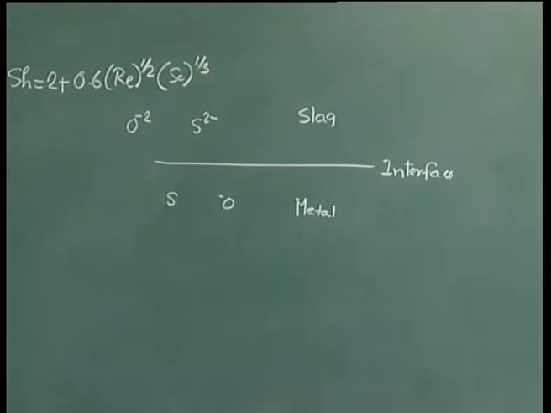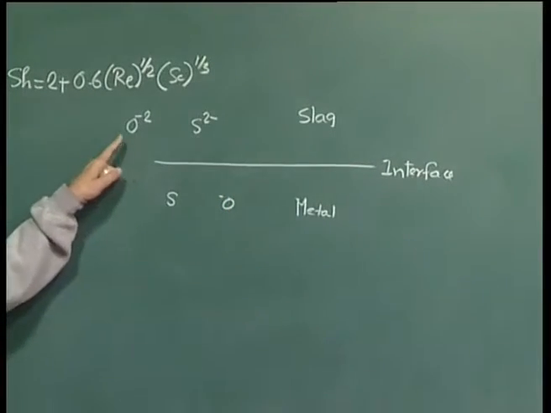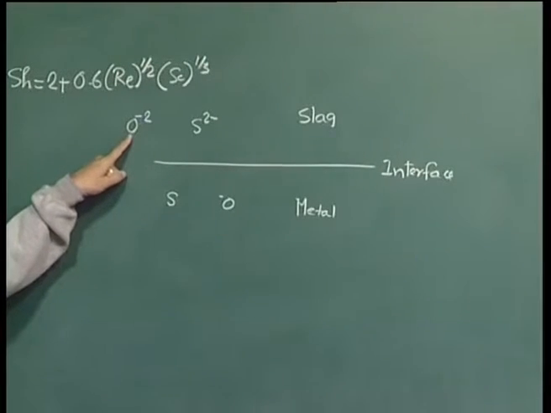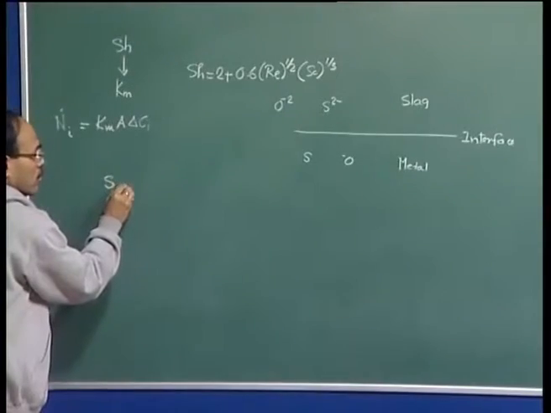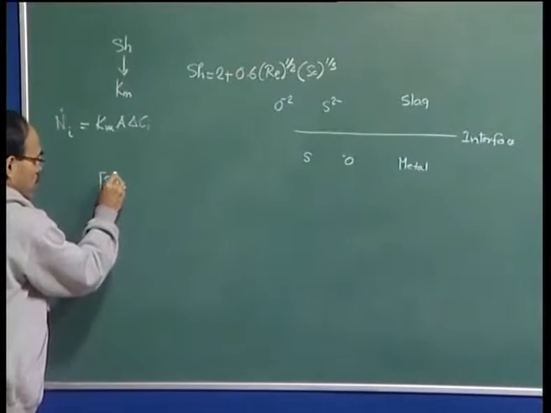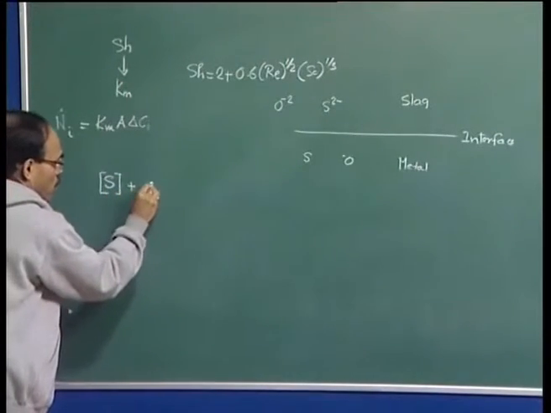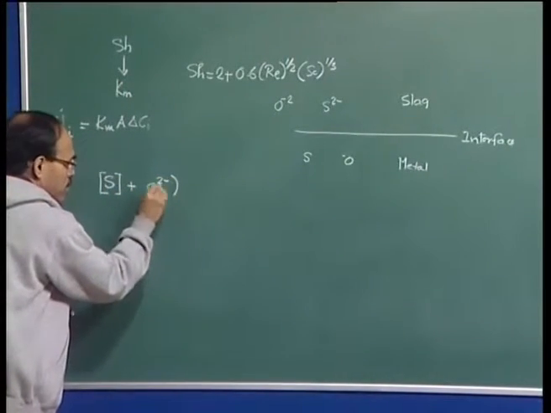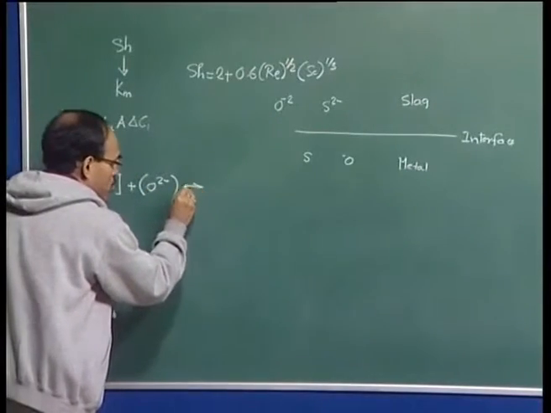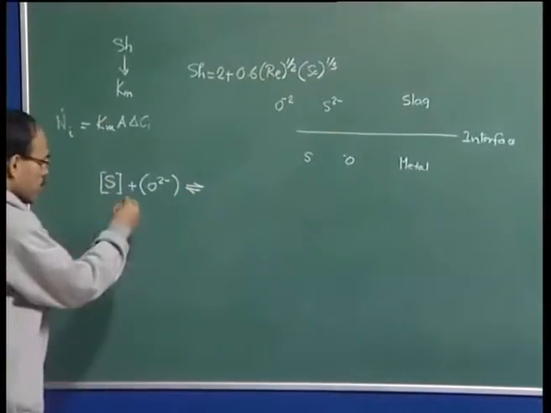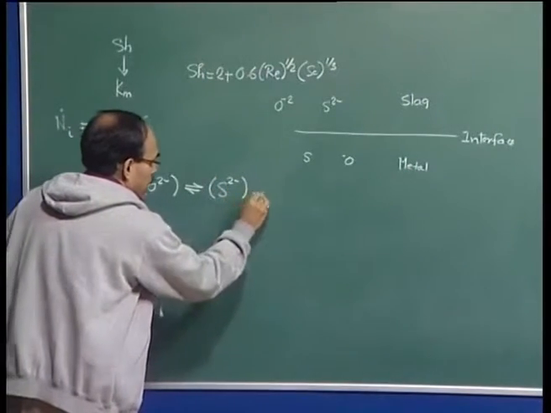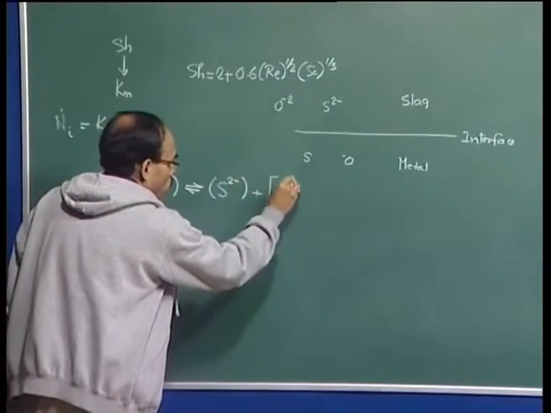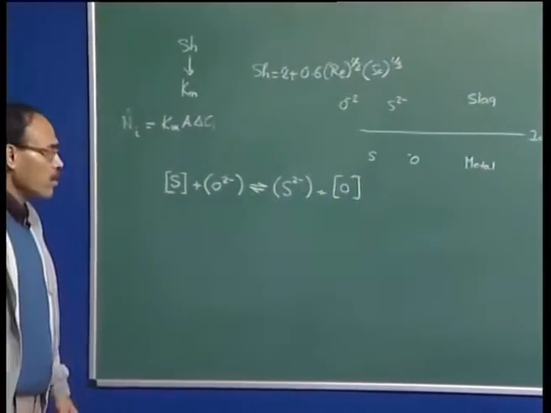So, what does this imply? This implies, for example, calcium oxide. So, this is the slag metal reaction, which I can represent as S in metal plus O 2 minus in slag, and if I consider the equilibrium for a moment, I write S 2 minus in slag plus oxygen.